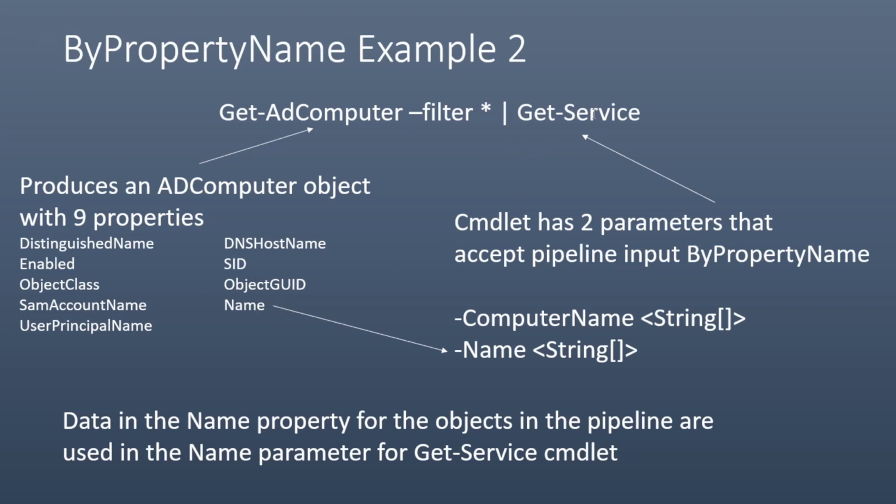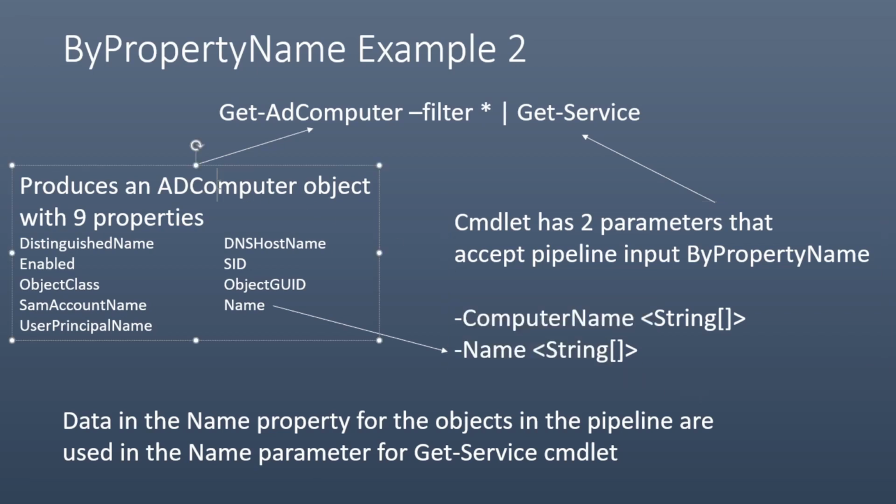We're piping it over to the get service commandlet, and get service has two parameters that accept pipeline input by property name: computer name and name. What it's looking at is, here are the parameters that accept pipeline input by property name.